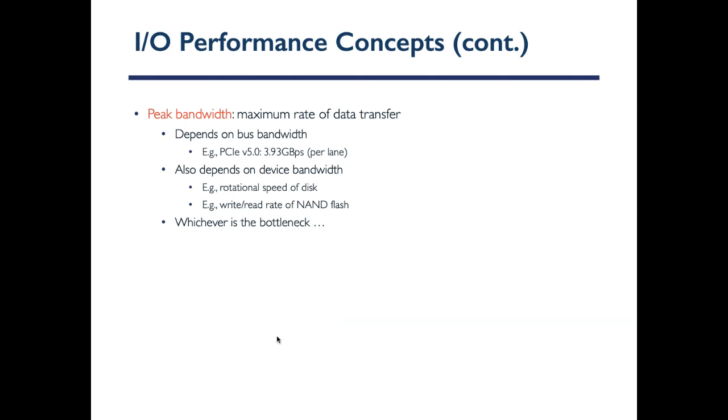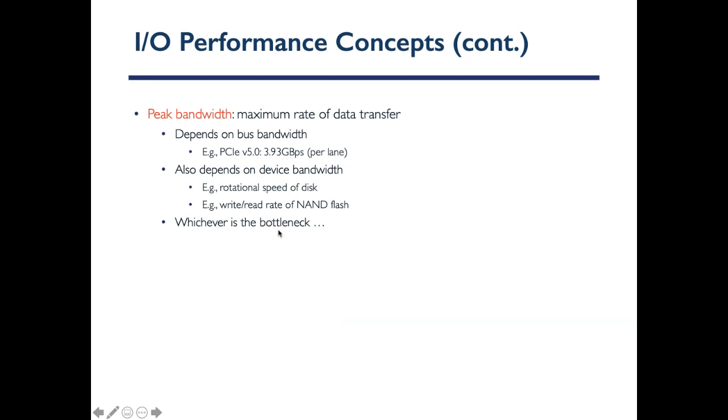Or if you're dealing with an SSD, how fast you can read or write from each flash page inside your device. So whichever is the bottleneck would dictate what's the maximum rate.